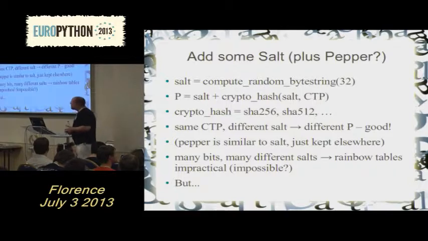So this is what's widely known also. You can counter that rainbow table attack by adding some salt. So what you do is you compute some random string, for example 32 bytes long, and then you add that salt to your clear text password.